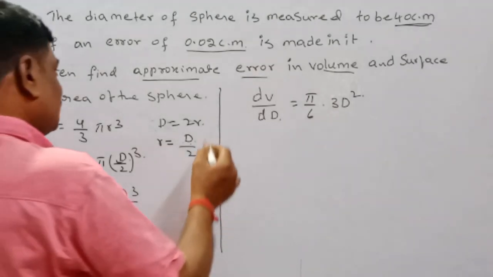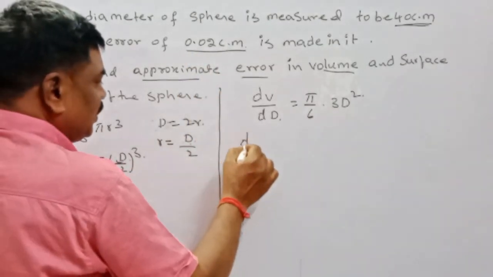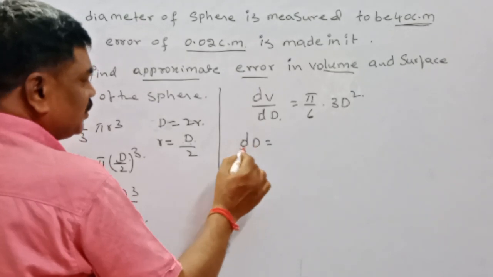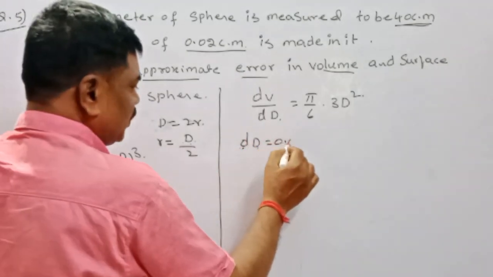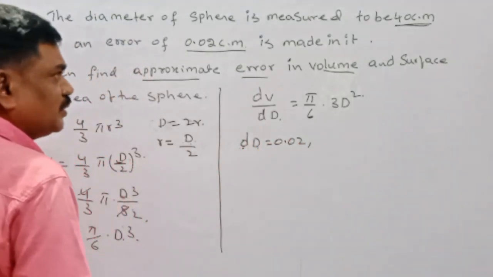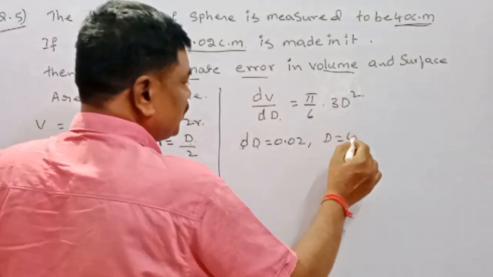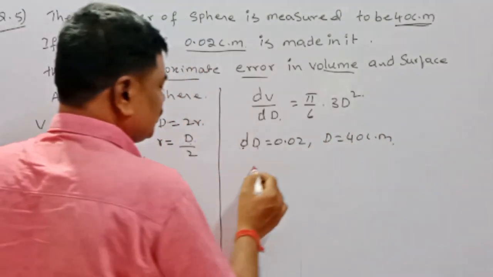Then here we have given the error in diameter 0.02, and D is equal to 40 centimeter.